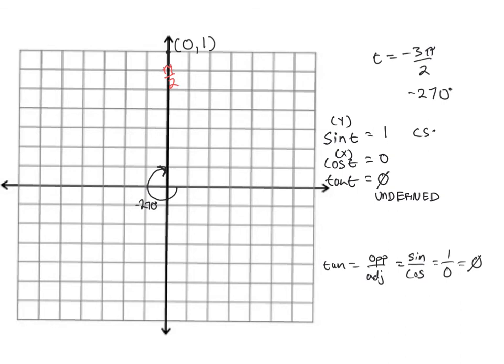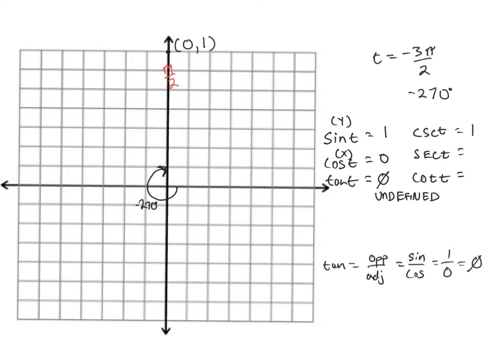Let's do cosecant of t, secant of t, and cotangent of t. Cosecant of t is the inverse of sine, which would be 1 divided by 1, which is just 1.